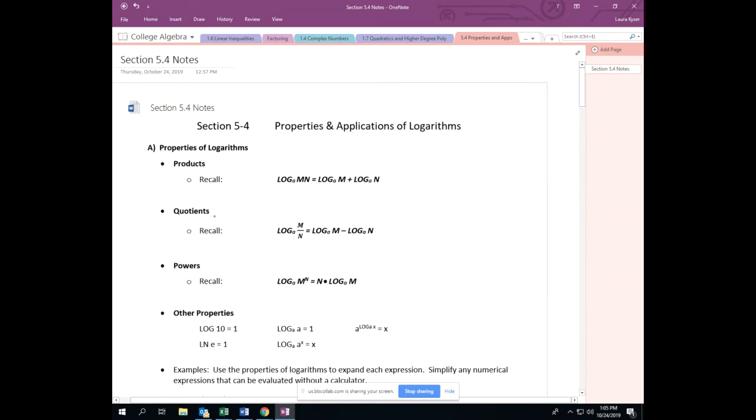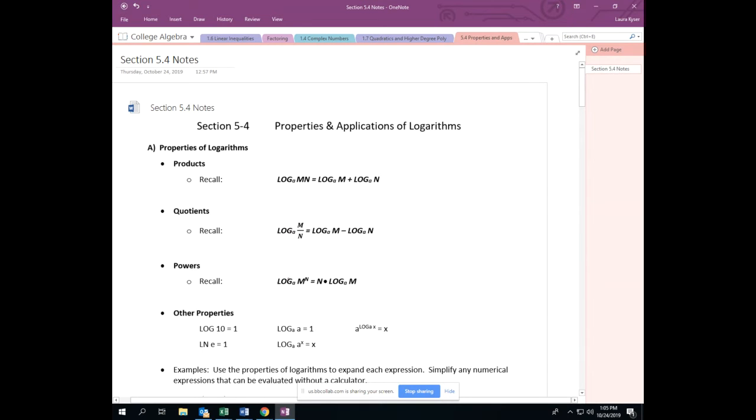The quotient rule says something similar. It says if you have a quotient, you can split the quotient up by the numerator and denominator as long as each one gets its own logarithm and subtraction separates them.